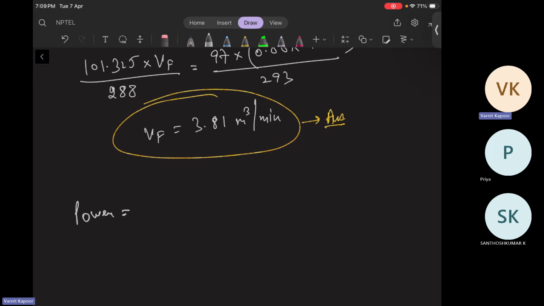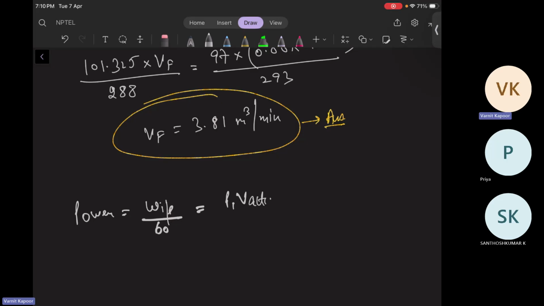Power is work input by 60, because what is work input? P1 V1, and V1 is nothing but your V actual, and V actual itself is in terms of meter cube per minute. So you'll write in meter cube per second. So that's why I have divided by 60.